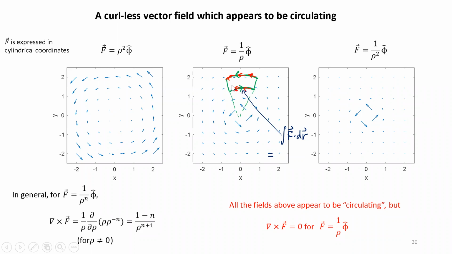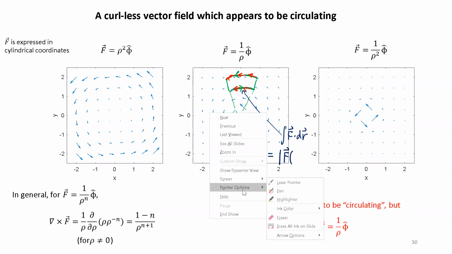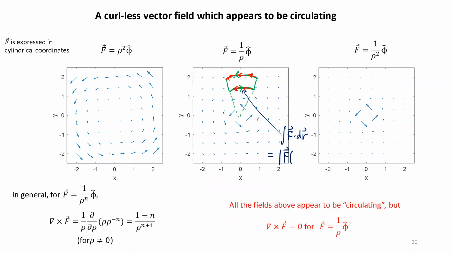But I don't actually need to do the integral, because the field does not depend on the angular position. Let's say this is rho 1, and the bigger radius is rho 2.